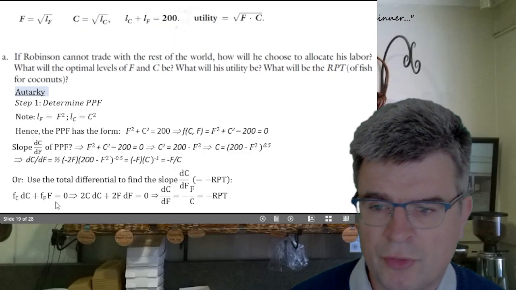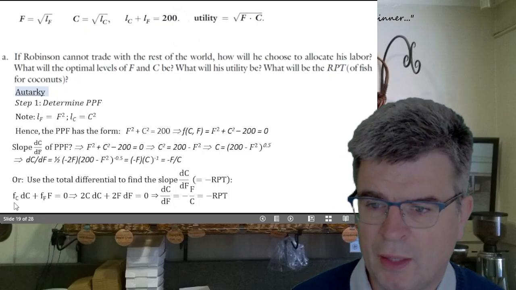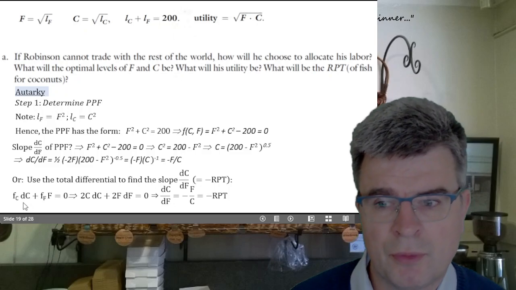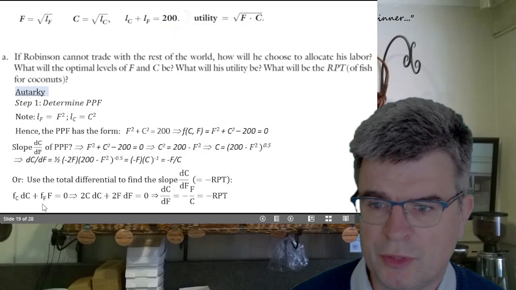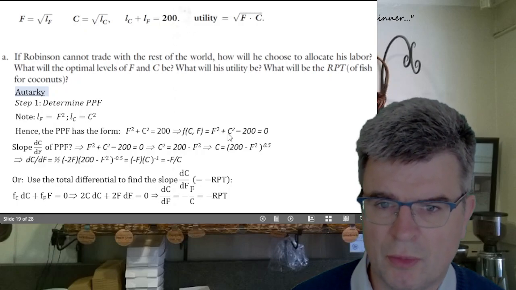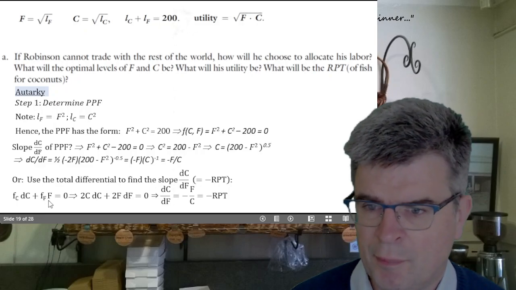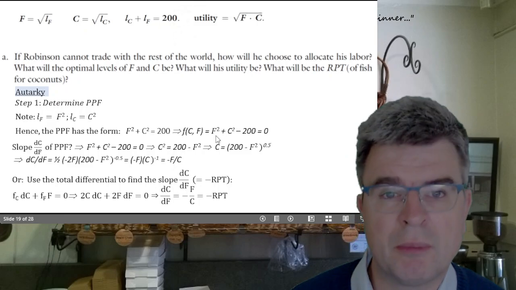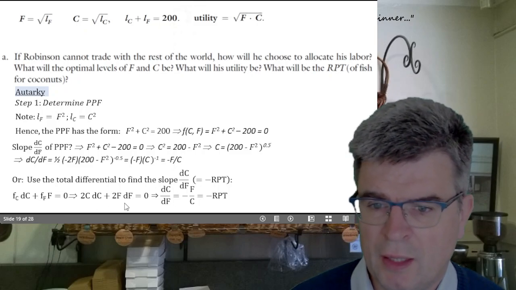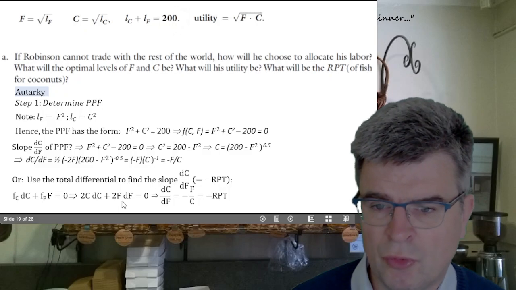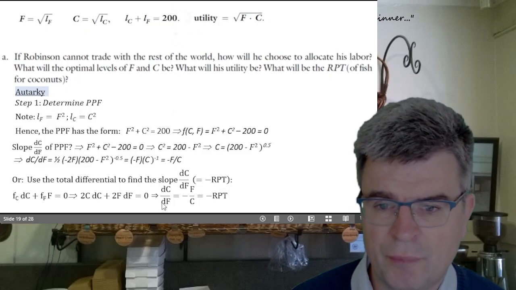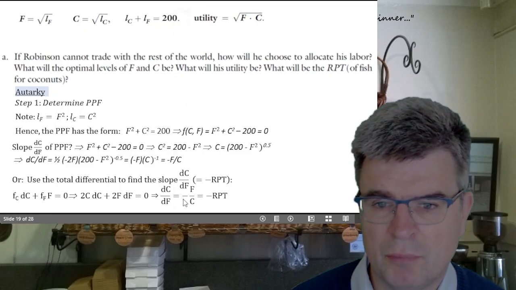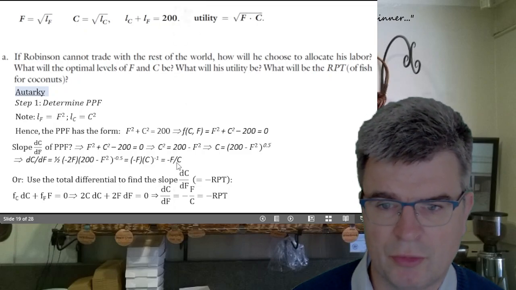So the total differential has the following form. We can take the derivative of this expression with respect to c, so that's equal to 2 times c. The derivative with respect to f is equal to 2 times f, and we get this expression, and then we solve for delta c over delta f, and we get the same expression as what we have here.